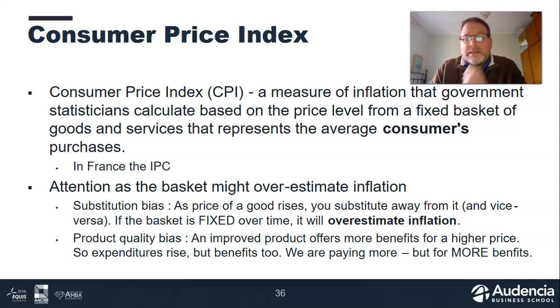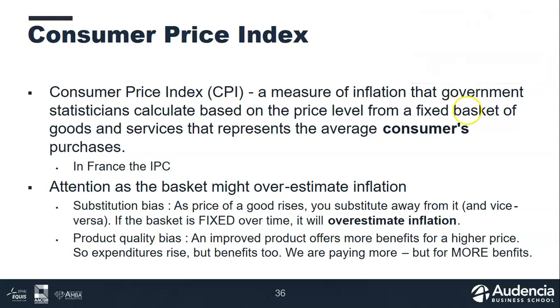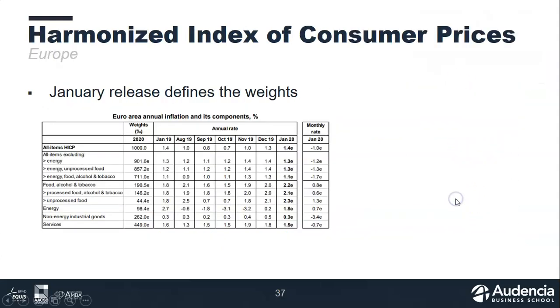Now again, as I mentioned, we tend not to change what's in the consumer price index, the basket of goods. It can be adjusted now and then, but we don't like changing it because it screws up our measurement of inflation over time. So let's go on to the next item.